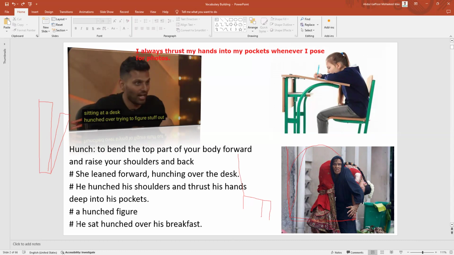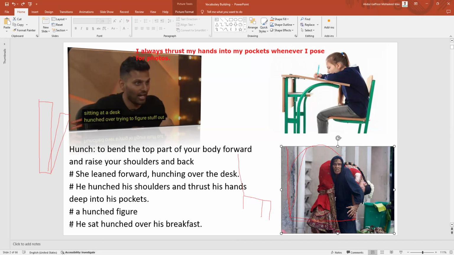Then if you look at this picture, extracted from a movie, Vikram is lifting Amy Jackson. Now she's actually a hunched figure, right? So she has bent her body.